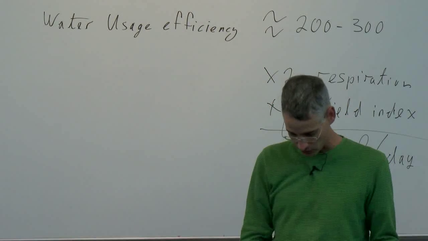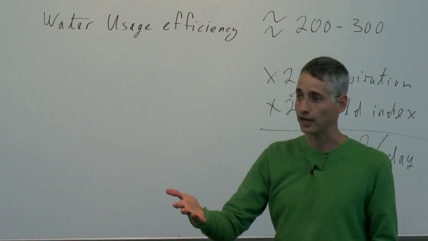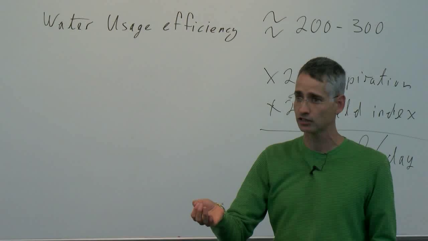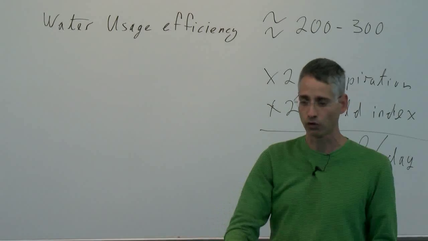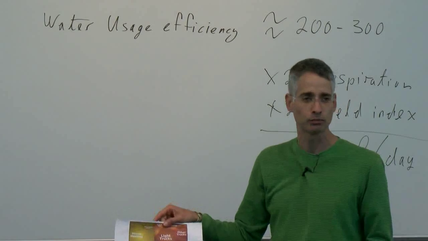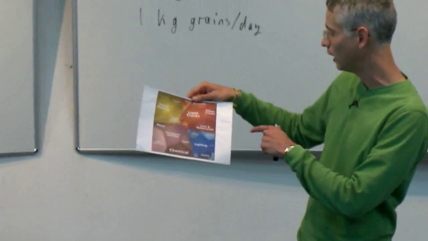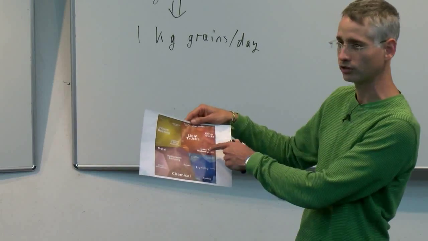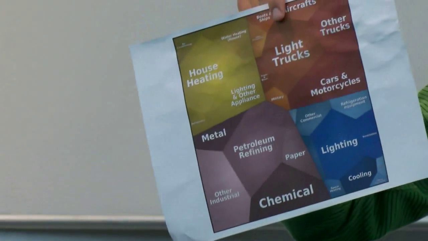We actually have, some student was working on taking the energy consumption in the United States and putting it in the same kind of visual form of a proteomap as we did for the protein. So I'm passing it along. Anyone who wants to see how much goes into lighting or transportation or house heating, etc., I'm passing it along. So you're welcome to look at that while we continue.